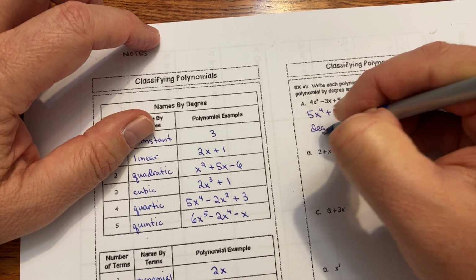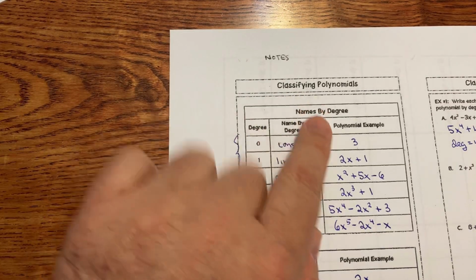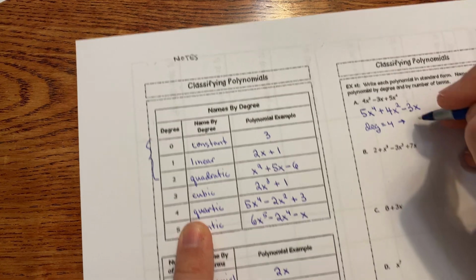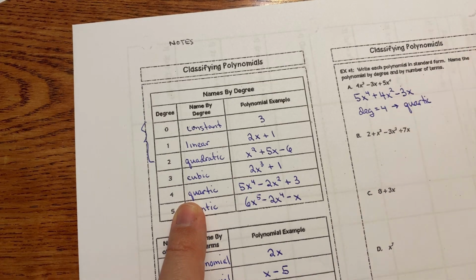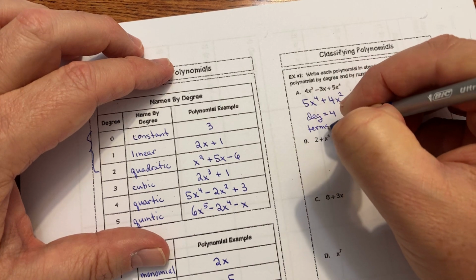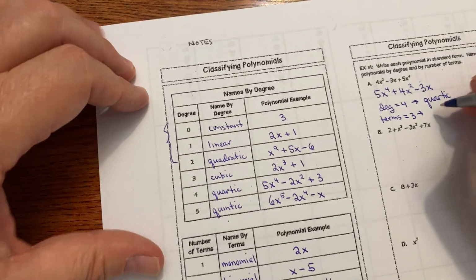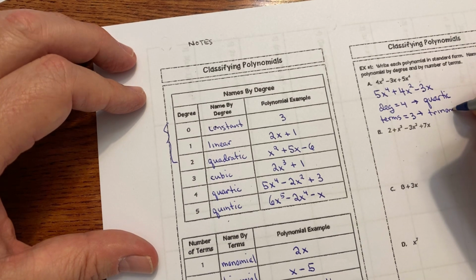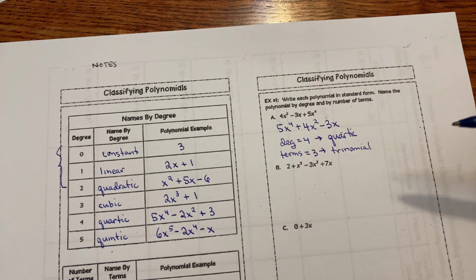Well, because the degree is 4, that's the highest exponent, we will classify that by degree as a quartic. Okay, because it has the highest exponent of 4, it's quartic. Now, the number of terms is 1, 2, 3 terms. By terms, 3 would be a trinomial. So we would say this is a quartic trinomial. This is by degree quartic. This is by number of terms trinomial.